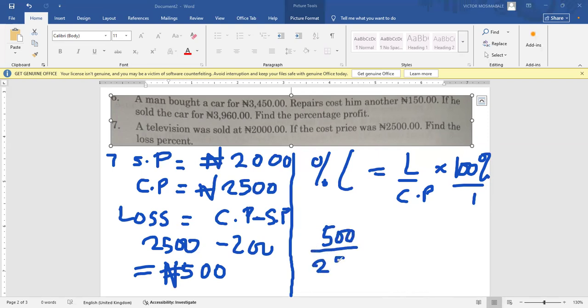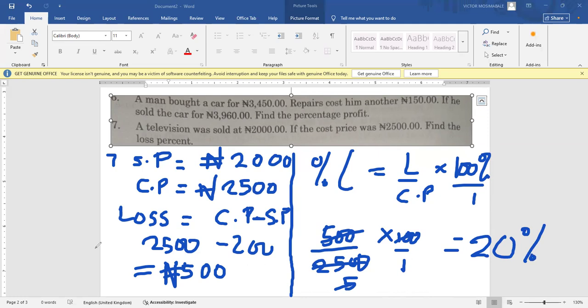CP is 2,500 times 100% over 1. So 500 into 2,500 is 5. Agreed? 5 into 100 is 20% loss. Don't forget that. I'll pause the video so you can note it down, but I'm going to move to the next question as usual.